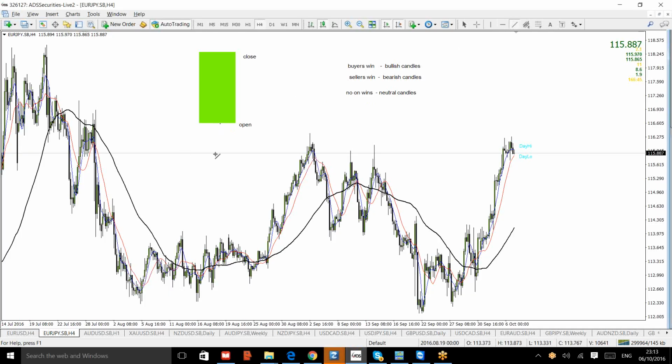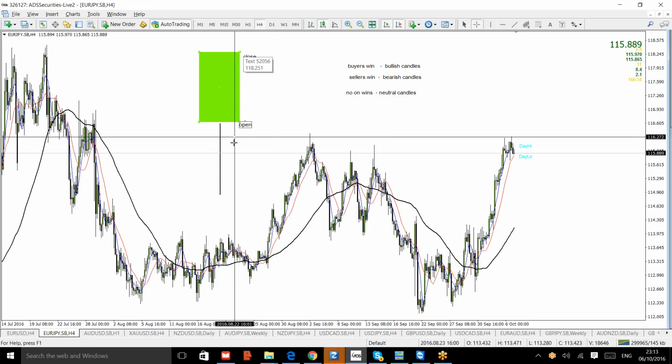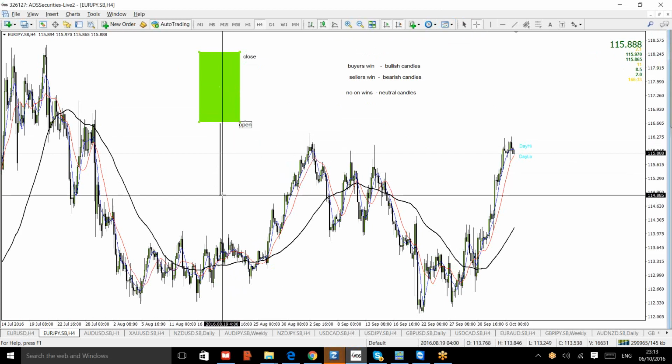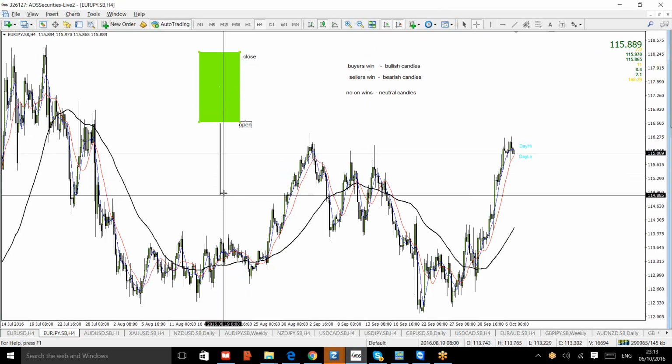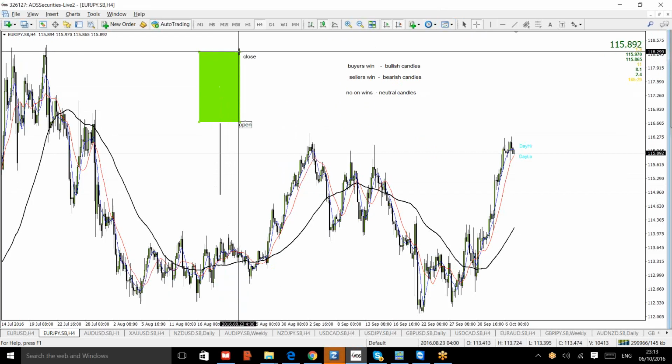Once you have a wick or a shadow, what does it represent? The candle opens here, buyers push the price up, sellers push the price down. At one stage, the sellers had pushed the price to these levels, but then before the candle closes, the buyers came in and pushed the price up, and eventually the candle closes around these levels.